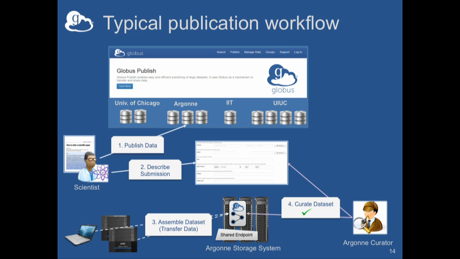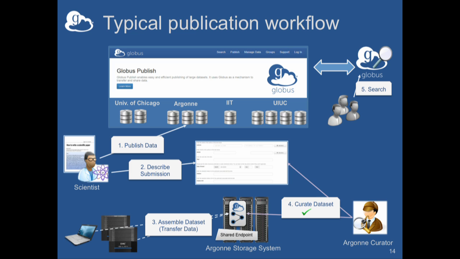Once that is done, there's an optional curation step, at which point the curator has access both to the metadata and to the data. They can review it, and then they publish it. Once they publish it, it becomes available as a part of the search, right? So users can come in and search either using the metadata or, if you know the DOI, plug that in and have access to the metadata and the data.